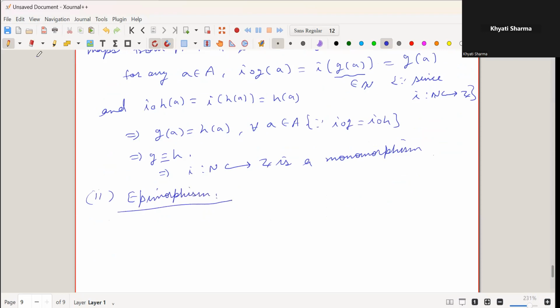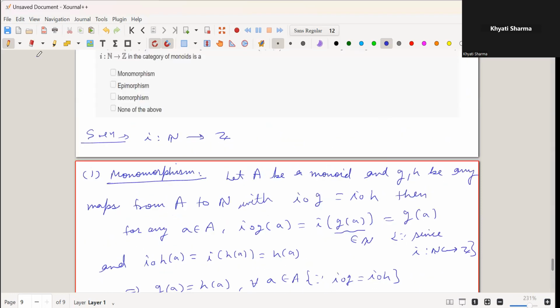So here we wanted to show that G∘I is equal to H∘I implies G is equal to H for maps G, H from Z to A, right?